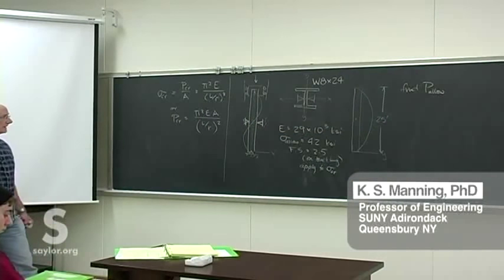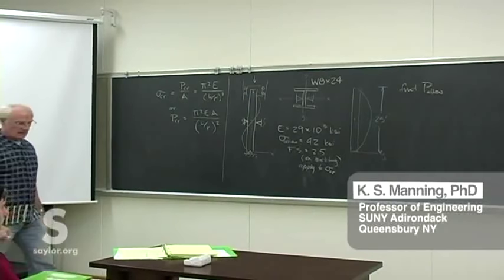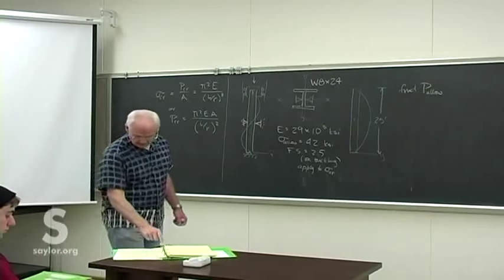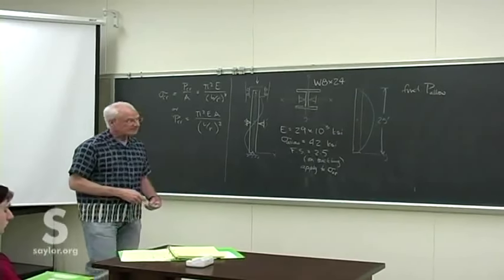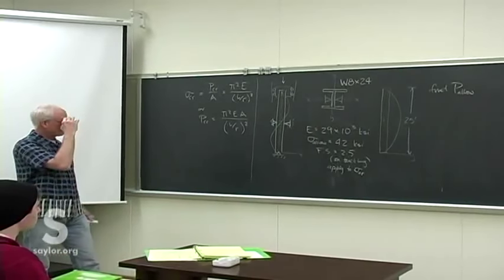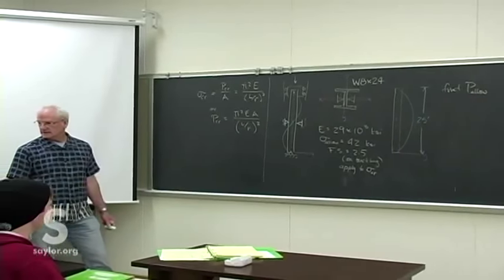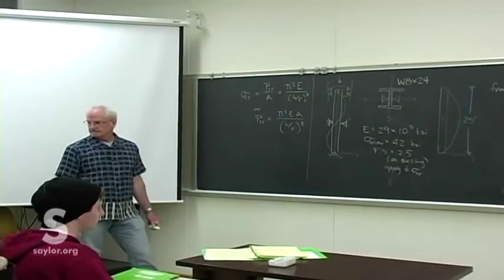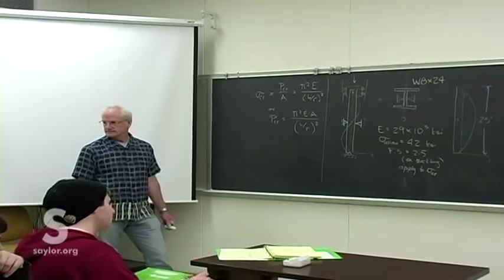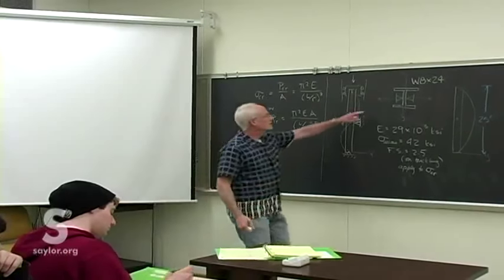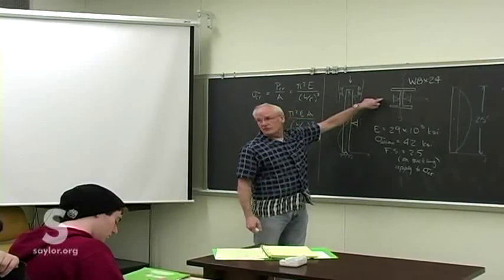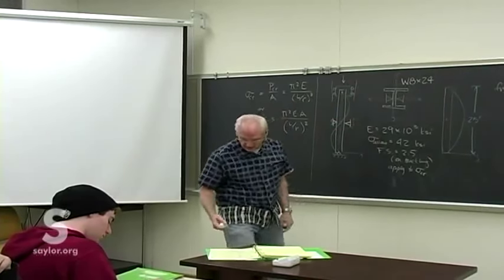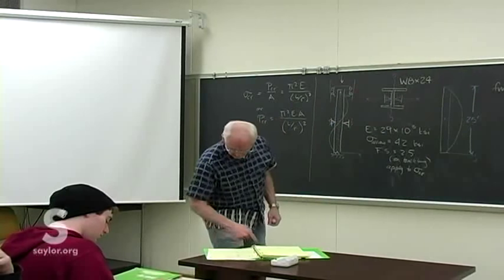Using that particular beam. Because it's more likely to bend in one direction than the other. Really? Because these are two very different moments of inertia. And they're right in the table. You don't have to actually calculate those.